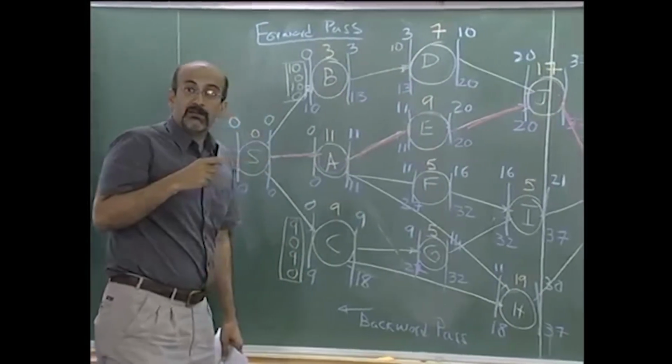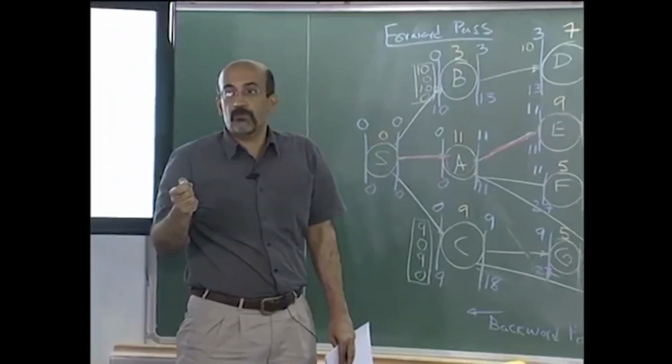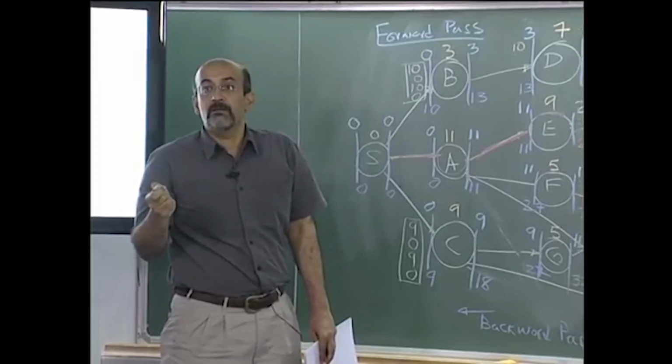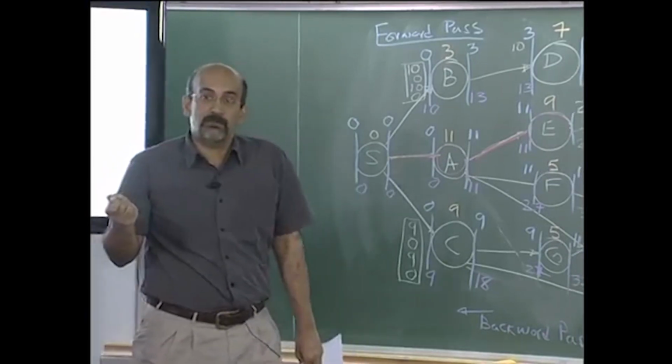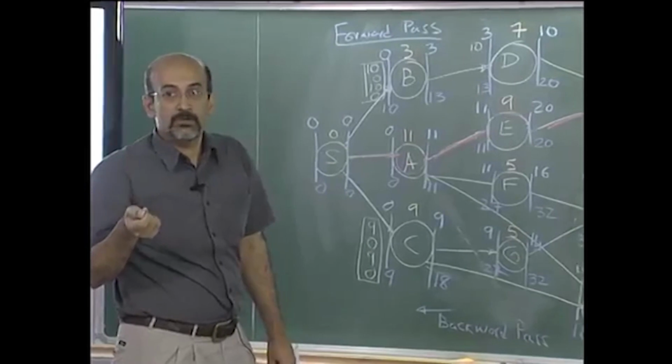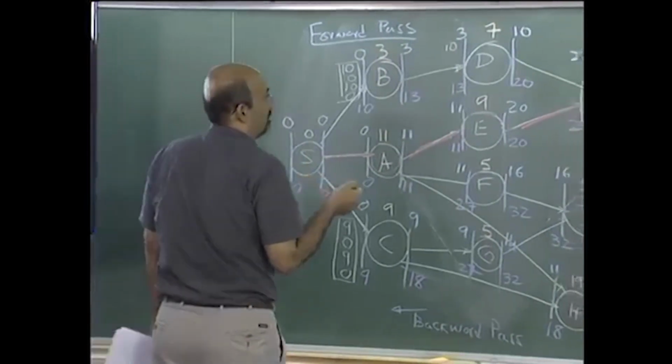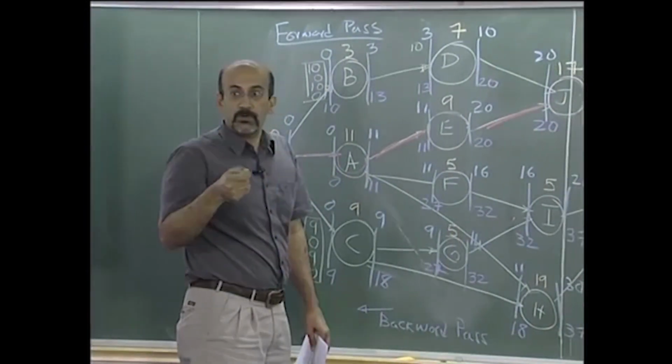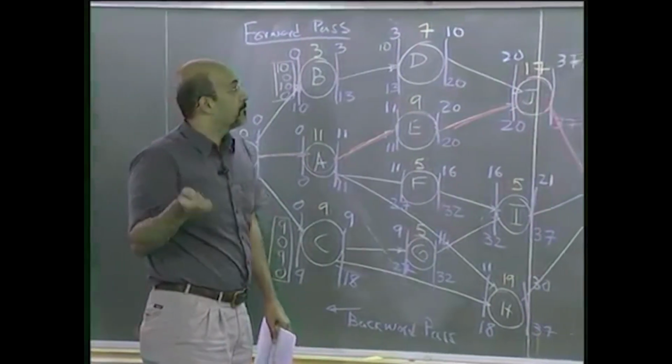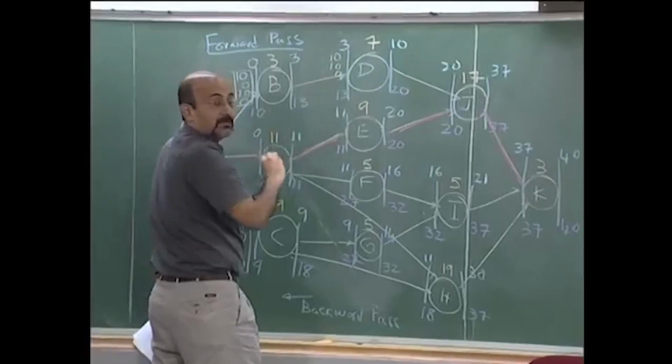The minute I start using up the total float of B, what happens to D? D's total float also gets used up. So total float, like we discussed last time, is a shared float. Free float is not shared. So D has a free float of 10, interfering float 0, independent 0.